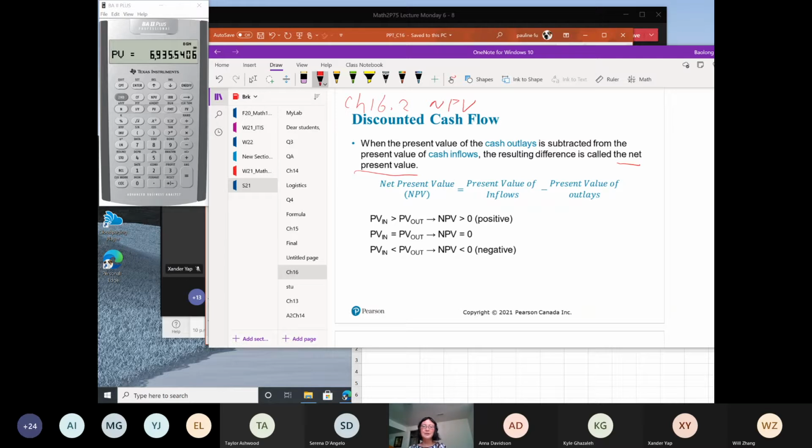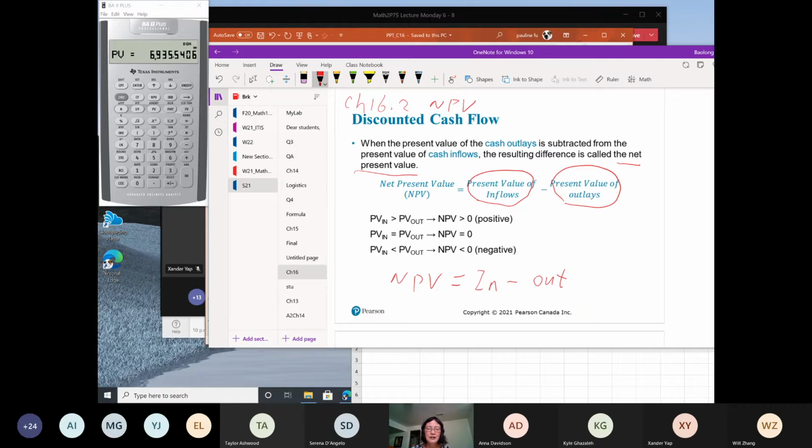By definition, net present value equals money in minus money out: present value of inflow minus present value of outlays.